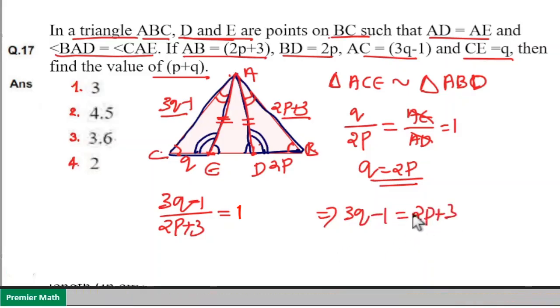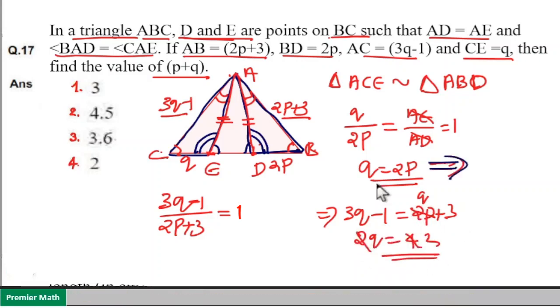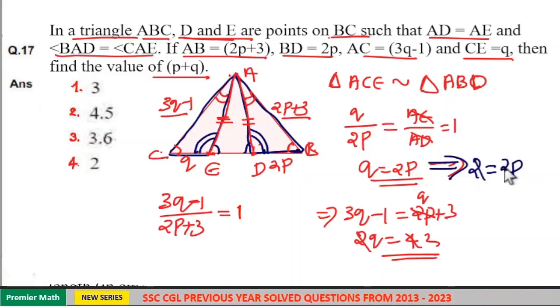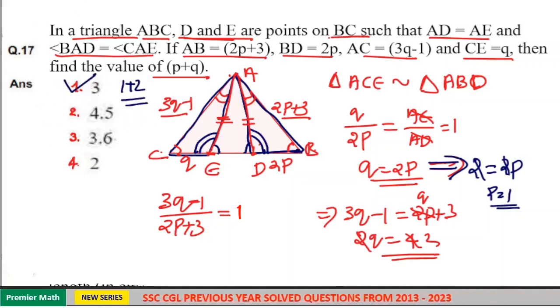So here 2P is equal to Q. So 3Q minus Q is equal to 2Q, which is equal to 3 plus 1, 4. That is Q is equal to 2. Here Q is equal to 2 means 2 is equal to 2P. That is P is equal to 1. So P plus Q is equal to 1 plus 2, which is 3. Option 1 is your answer.